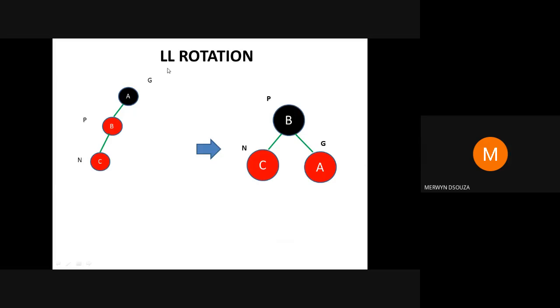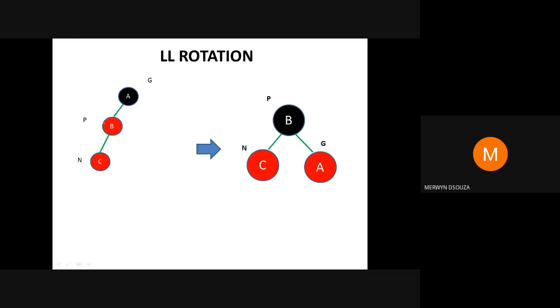This is known as an LL rotation. Suppose you are having this. I'll show you by calculating for this. Can you tell me the balance factors for all these three nodes here, A, B and C? Can you calculate quickly? Start from C. What is the balance factor for C?